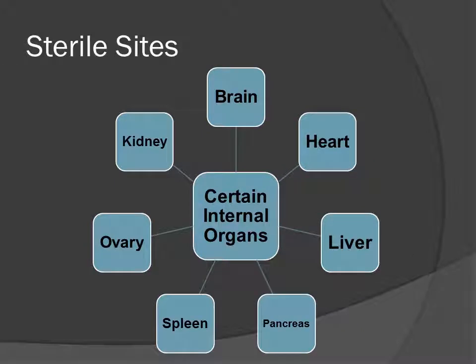It also includes the brain, the heart, the liver, the pancreas, the spleen, ovaries, kidneys, and other internal organs. Obviously, dirty sites include the skin, the mouth. Another dirty site would be the gastrointestinal tract.